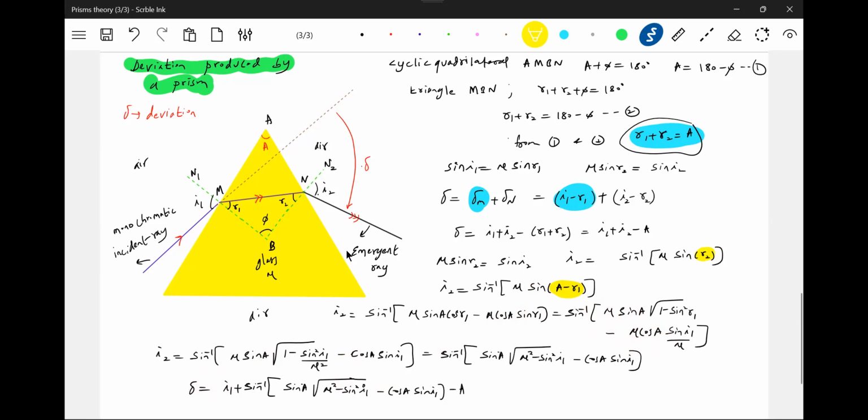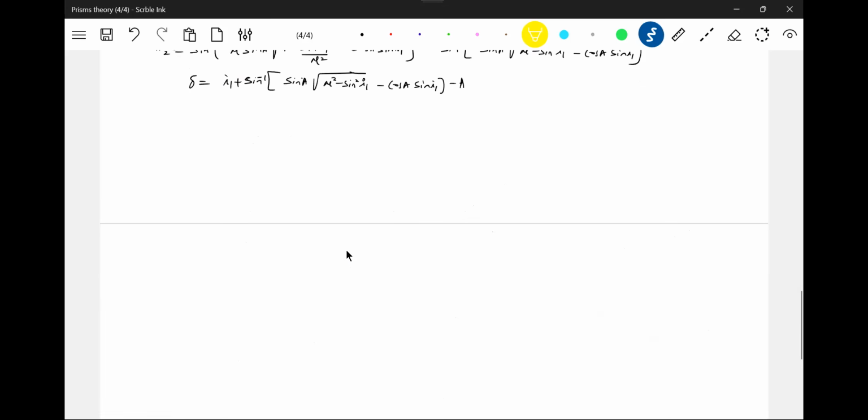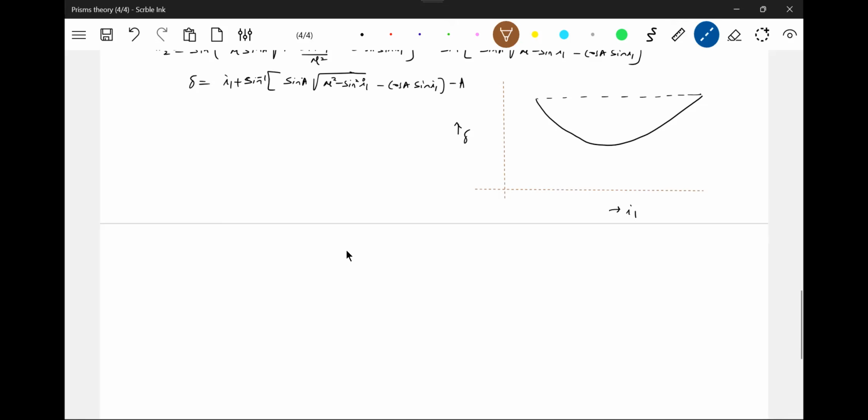So when I plot this deviation as a function of angle of incidence, the curve will be like this.